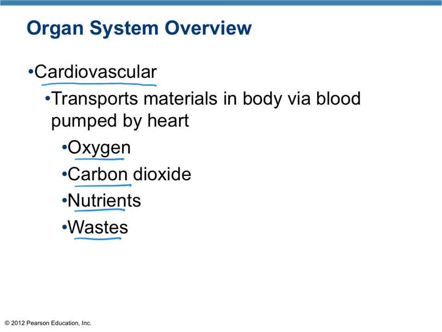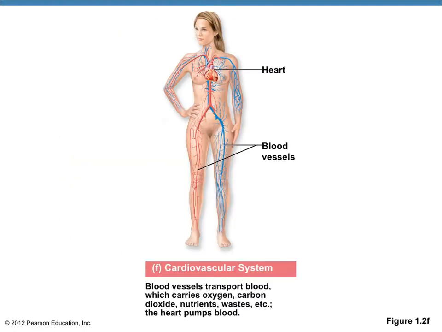Oxygen and nutrients are usually delivered to your cells, and they're collected at the lungs or through your digestive system. In the diagram, you can see the heart is the pump for this system, and it allows you to take things out to your body via arteries that are represented in red, or return things to the heart through the blue vessels in this diagram, and those are called veins.